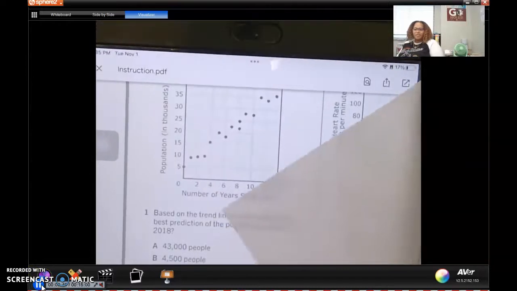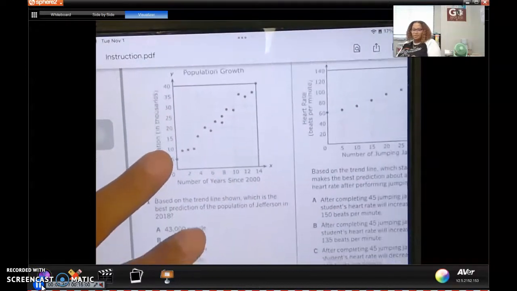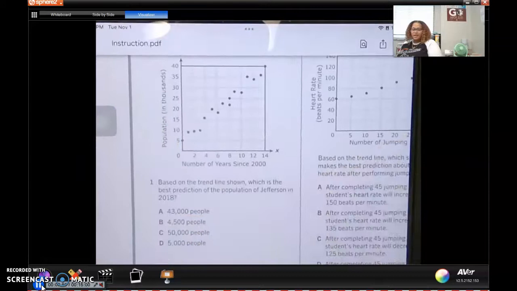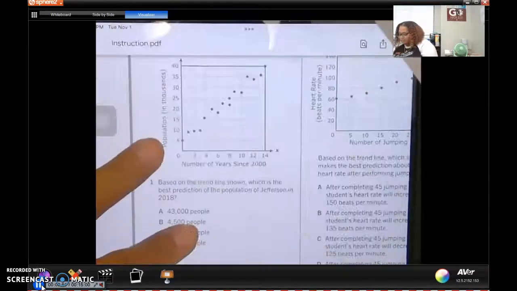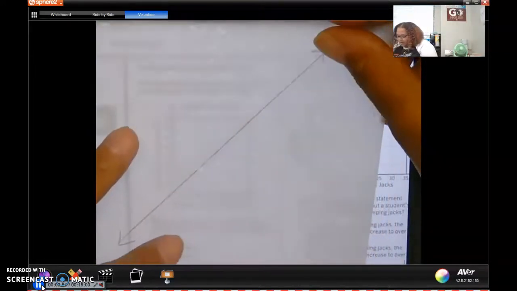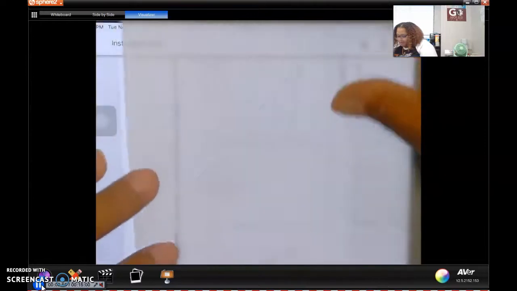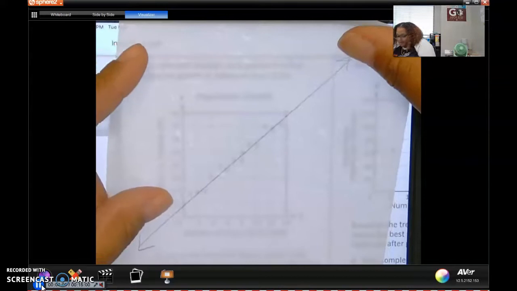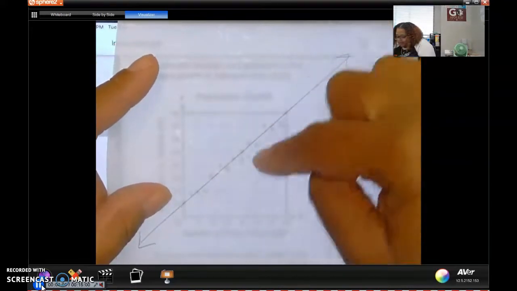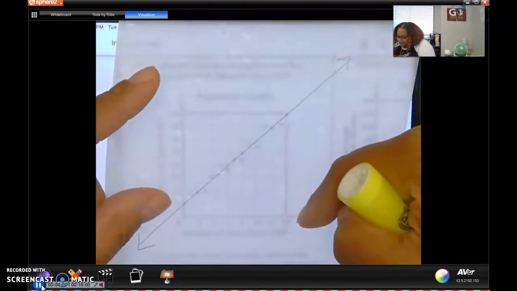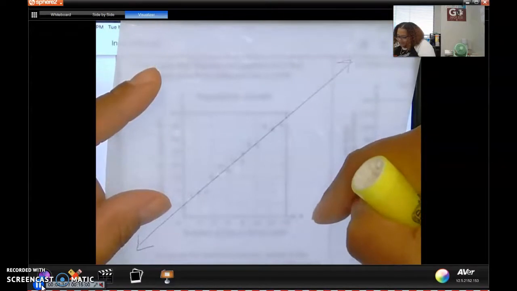So if I look at my trend line and I zoom out just a little, this says 2018. I put my trend line about right here. It's going to shoot up, and this is 14, the next one would be 16, and then the next one would be 18.